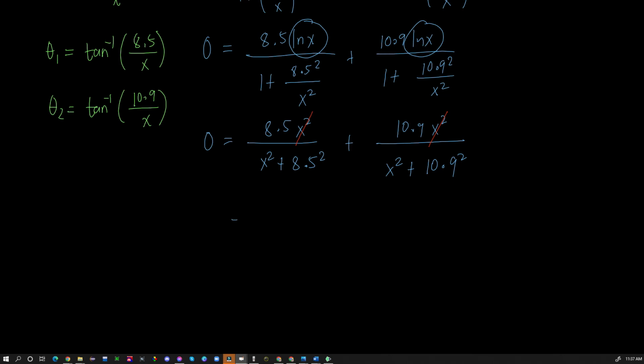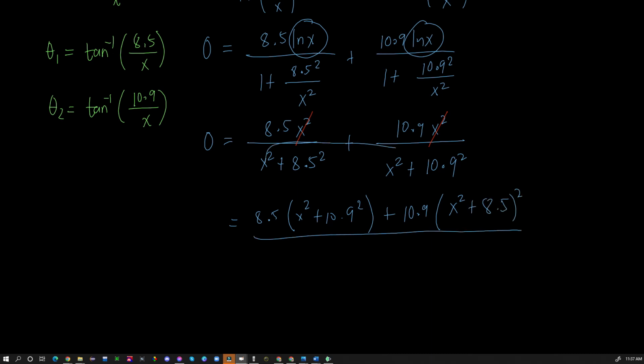Cross multiply. So I have 8.5 times x squared plus 10.9 squared, plus 10.9 times x squared plus 8.5 squared, all over, multiply the two. Then if we multiply it to the other side, 0, it disappears.